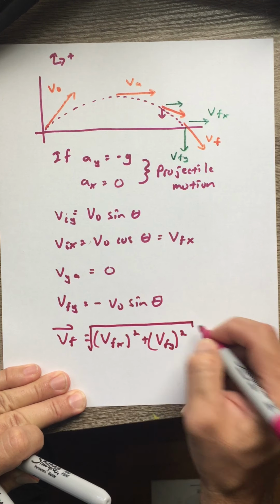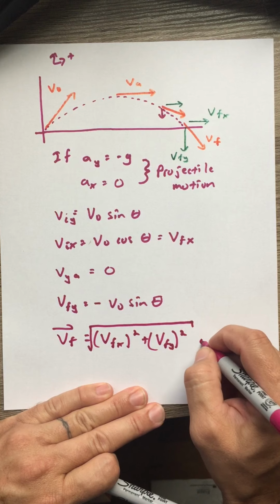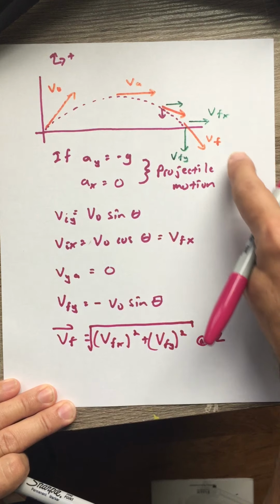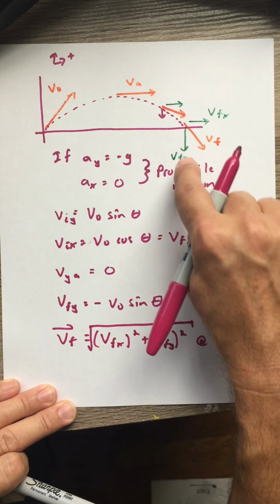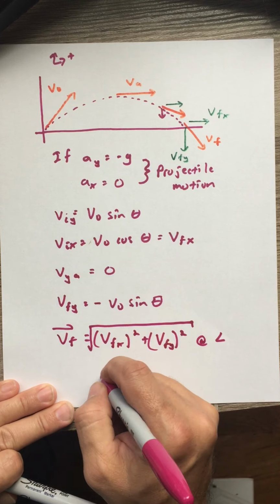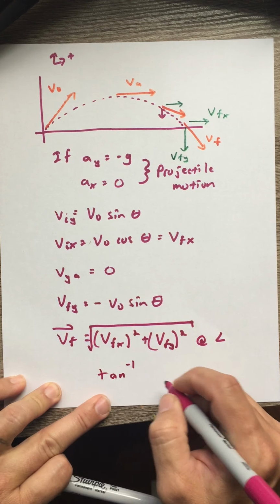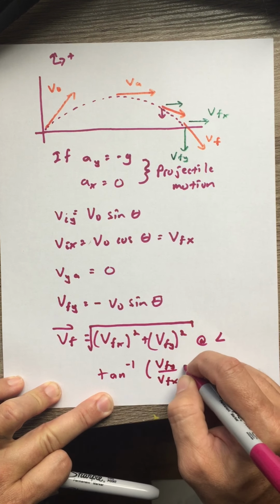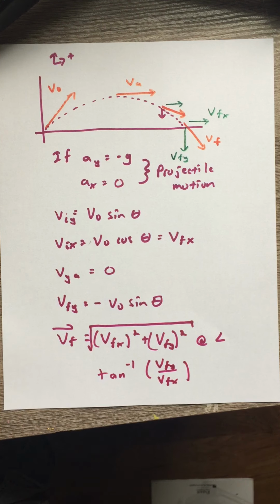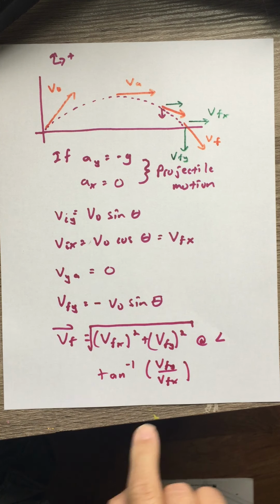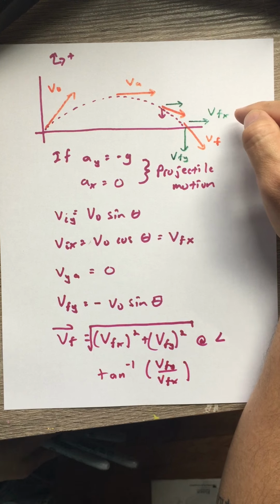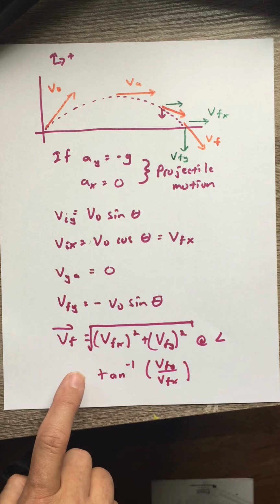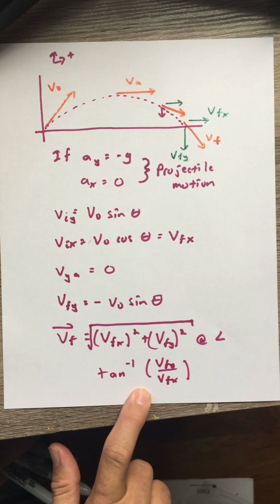Of course, that's the magnitude. And then add an angle given by however you want to do it. Usually if we've taken these apart, we have analyzed it and determined v final y, determined v final x. So usually we use the inverse tangent of v final y over v final x. There are other ways to do that, of course, inverse sines, inverse cosines, but usually this is how we go because we've probably solved for the x and y components separately, and that enables me to get the final vector as the magnitude here and the angle given by this.